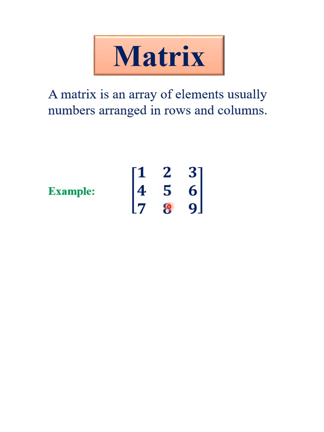So, for this matrix, the elements are 1, 2, 3 to 9, as you can see here. Matrices are identified by an order. We call it the order of the matrix, and the order of the matrix is obtained from the numbers of rows and columns in a given matrix.